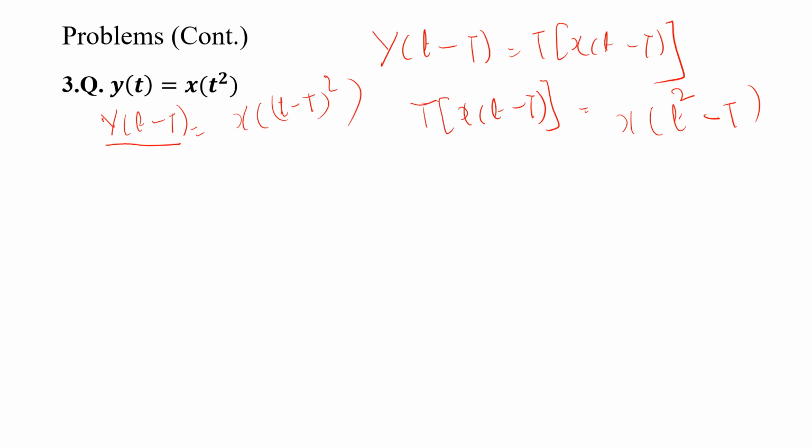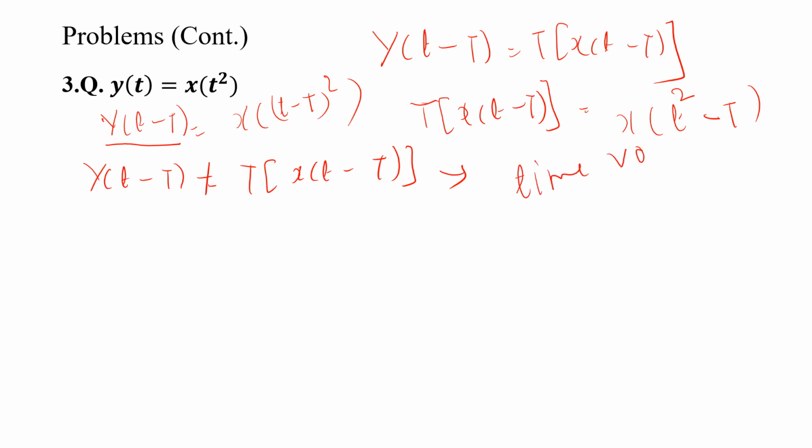One is whole square, the other is t square minus T. So y of t minus T is not equal to transformation of x of t minus T. So the system is what? Time variant system. This system is a time variant system.